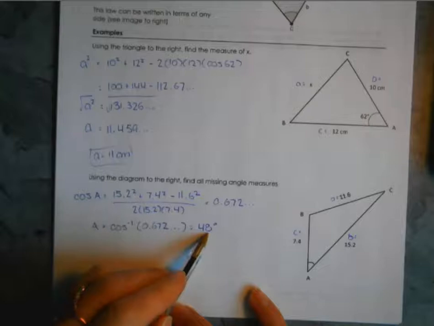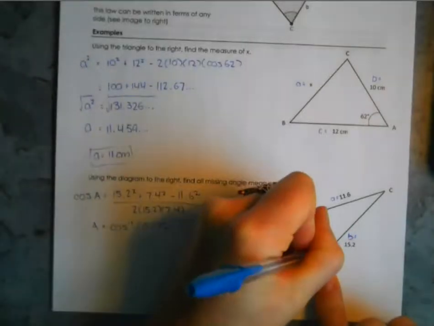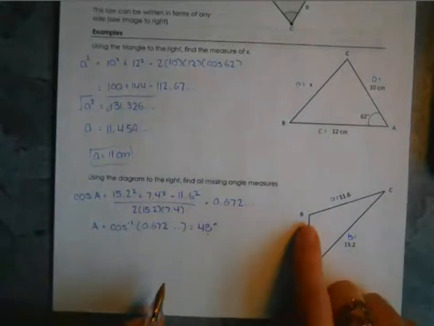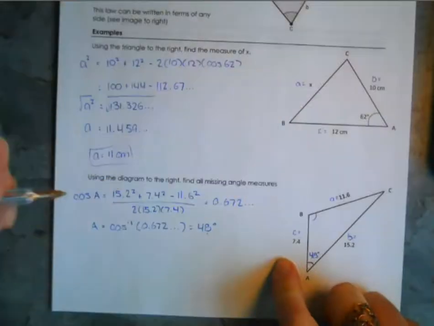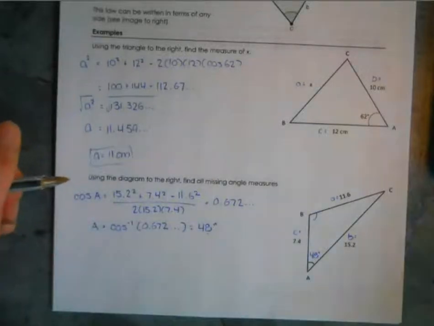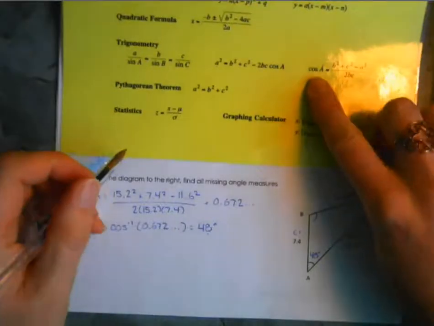Okay, so now we have angle A here is 48 degrees. So we still need to solve for two other angles. So let's try looking at angle B here. So what we want to think about is how do we change the given formula in order to solve for a different angle.